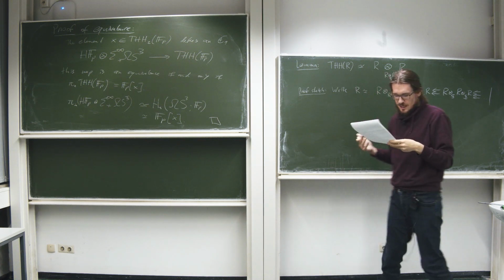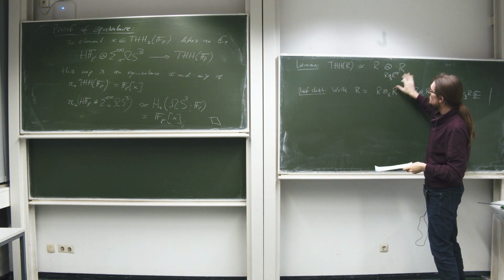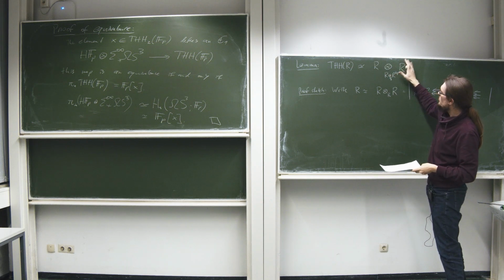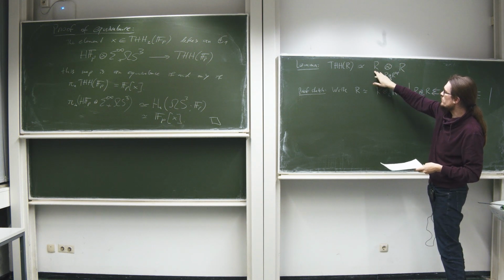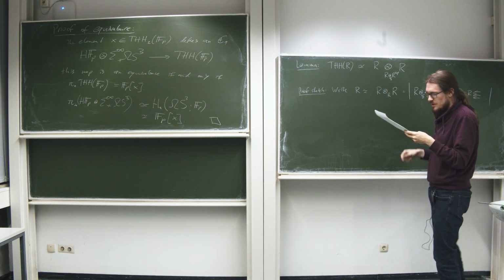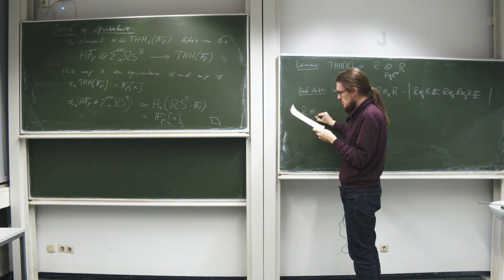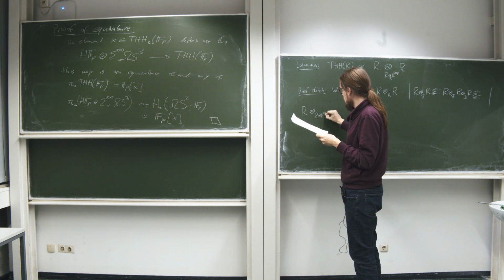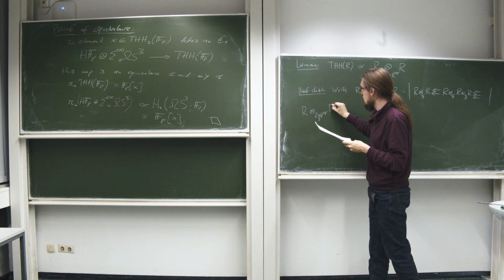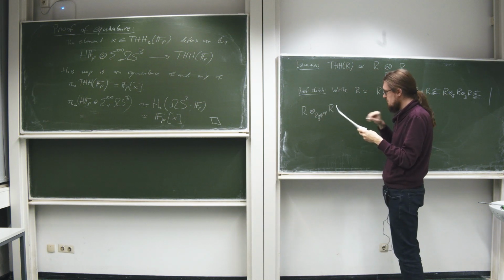And now if we just apply this functor that takes a bimodule and tensors it over R with this, then what we get is R tensored over this R tensor R op guy with itself.